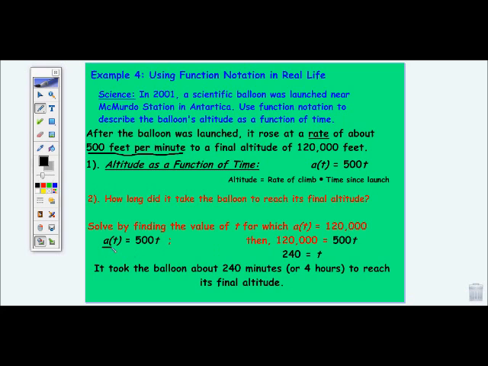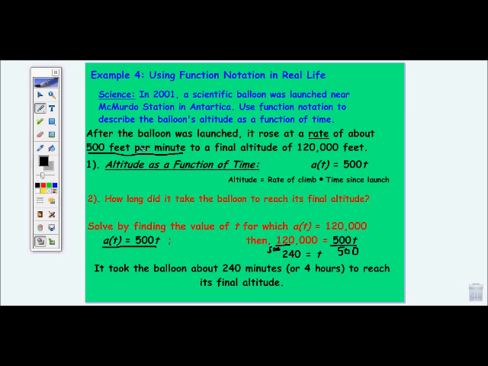So we know the input, 500 t, is going to have to get to 120,000. So 120,000 equals 500 t. To figure that out, we would divide both sides by 500. So 120,000 divided by 500 gives me 240.